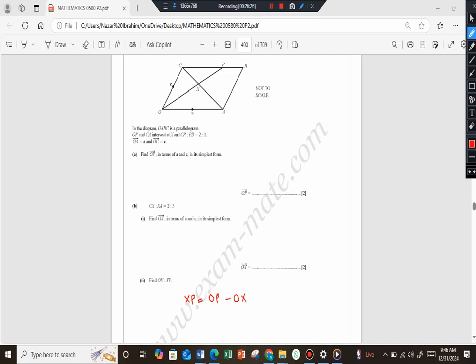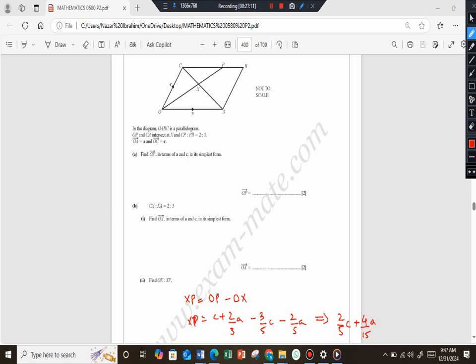OP was C plus 2 upon 3A, and OX is equal to 3 upon 5C plus 2 upon 5A. Simplifying this, I get XP is equal to 2 upon 5C plus 4 upon 15A. That is what XP is.